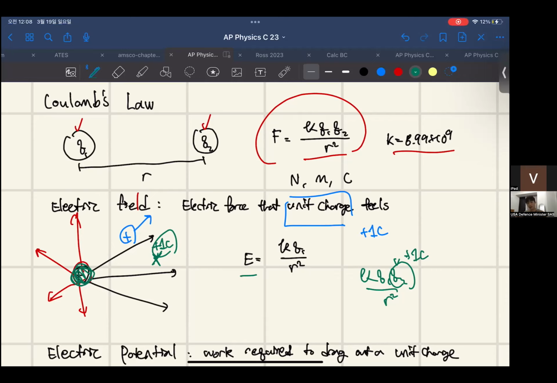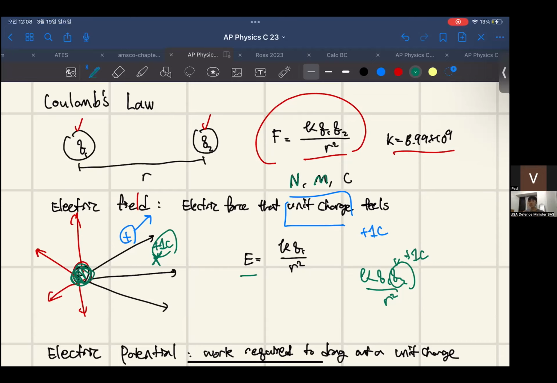Now, I forgot to mention the units of every variable you have here. So for force, you would obviously use newtons. For the distance, you use meters. Now, this will be very tricky, because think about it. Charges are, after all, really weak. Think about a point charge, just one unit charge. It's going to be extremely weak.